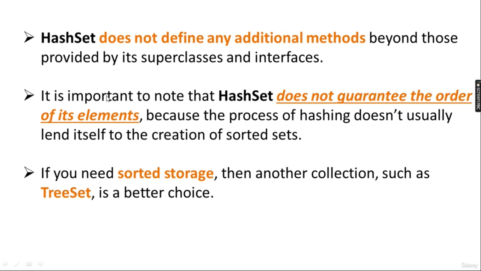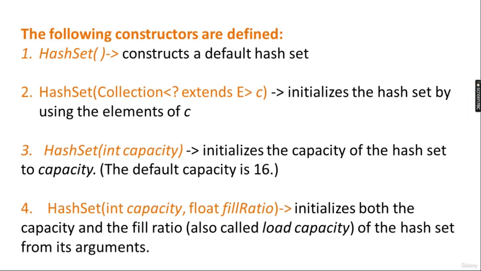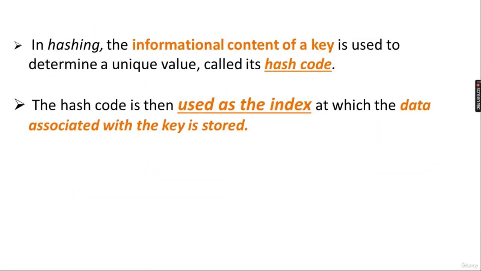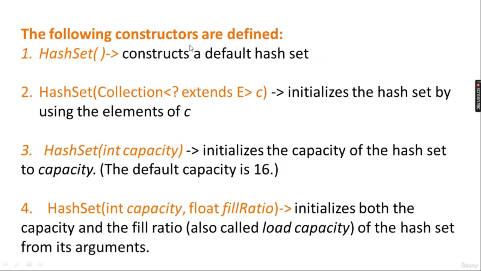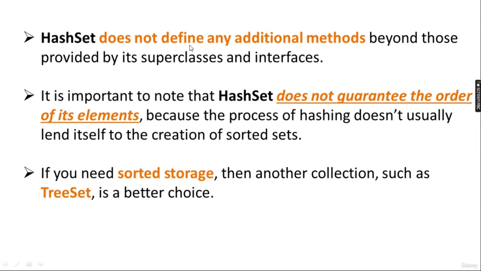HashSet is a very simple thing to understand. It is important that HashSet does not guarantee the order of the elements, because the process of hashing does not usually lend itself to the creation of sorted sets. We have already seen how hashing works: the informational content of the key is used to determine a unique value, and depending upon this hash code we create the tables.